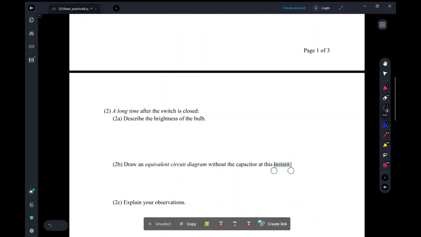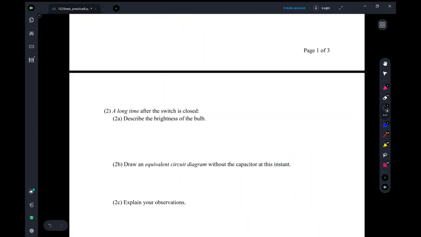So a long time after the switch is closed, describe the brightness of the bulbs. We have seen that number 3 is not lit.